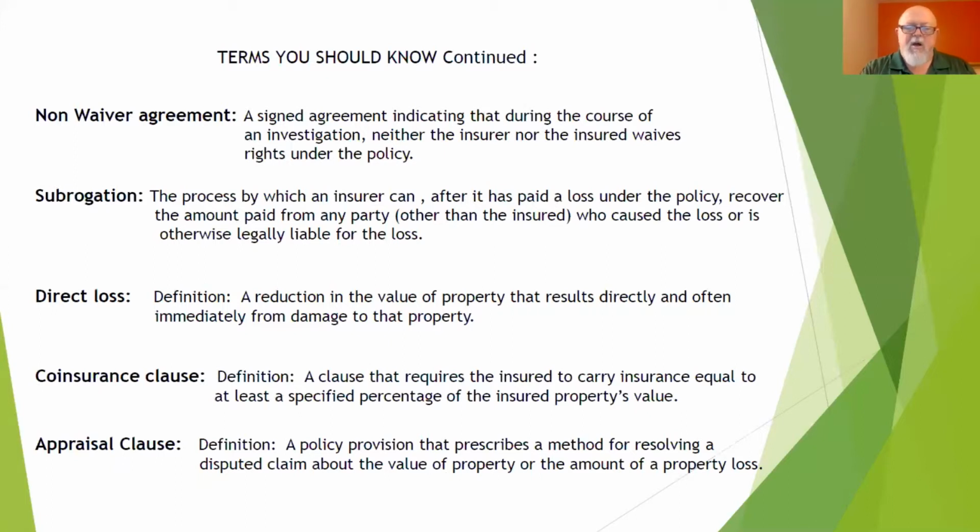The appraisal clause is an ability for the policyholder to seek additional compensation or resolve an issue should the insurance company not be forthcoming in providing compensation. In other words, the insurance company is holding back and is saying, nah, we're not going to pay, or we don't believe we have responsibility for this component of the loss.